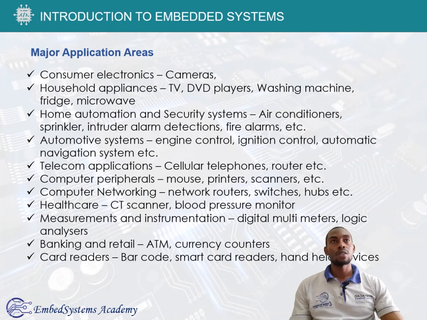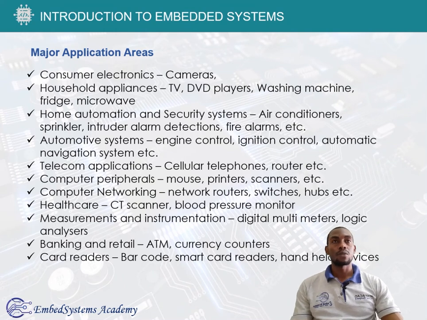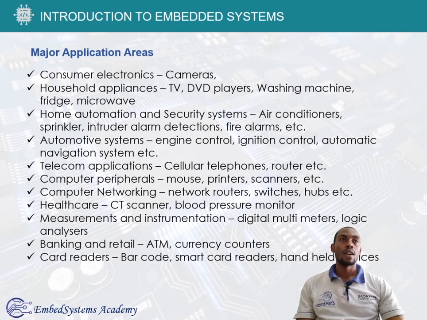In home automation and security systems, such as air conditioners, sprinklers, intruder alarm detectors, fire alarms, all these are embedded systems. Automotive systems: you have engine control, ignition control, automatic navigation systems. All these are examples of embedded systems that we interact with every day.